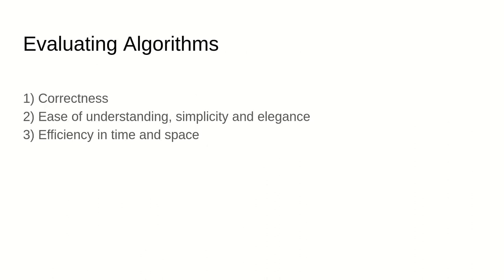Now, when it comes to evaluating algorithms, saying which one is better than another, or is an algorithm good enough, or things like that, this is where we get into often some debate, or where we may have to balance some features against other features. One that's really pretty important is correctness.